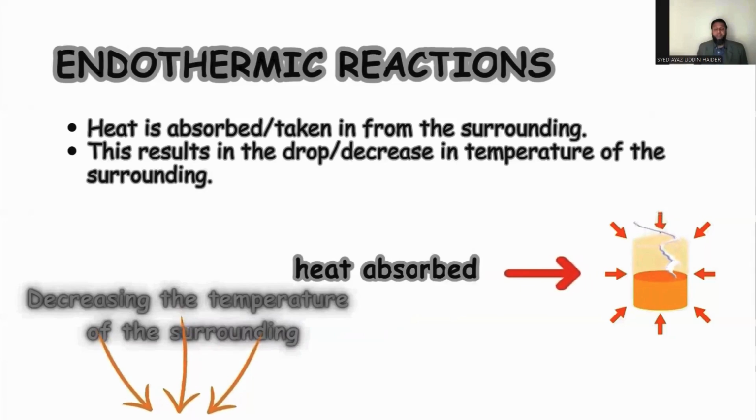There are different examples of endothermic reactions like decomposition of limestone or calcium carbonate, photosynthesis, and dissolving ammonium nitrate in water. Now I will talk about some examples of endothermic reactions.